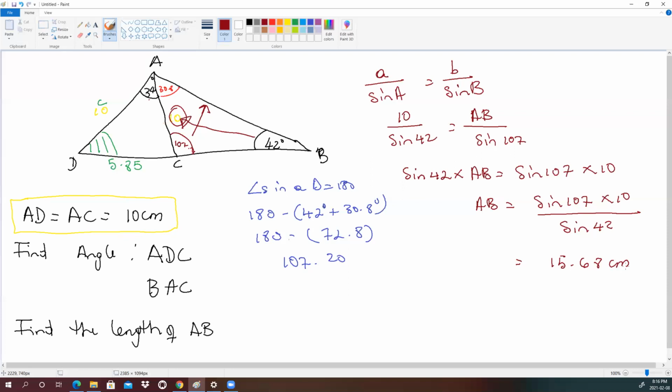Sine 107.2 times 10 divided by sine 42 equals 14.276. Yeah, I didn't put the 0.2 before, that's why. So it's 14.276.